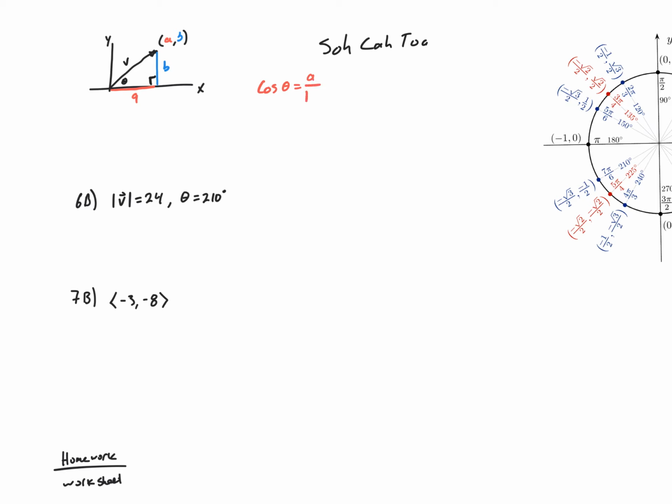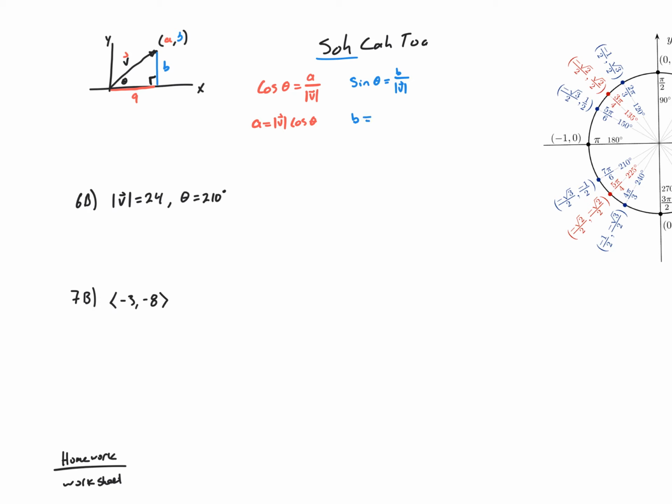Now the hypotenuse would be the magnitude of vector v. Technically I should put a little vector sign on that. And so then a would simply equal the magnitude of the vector times cosine of theta. Likewise, if I use sine, sine of theta would equal b over the magnitude of v.